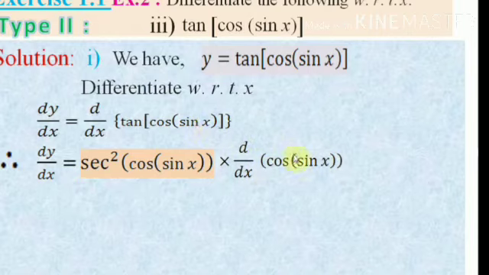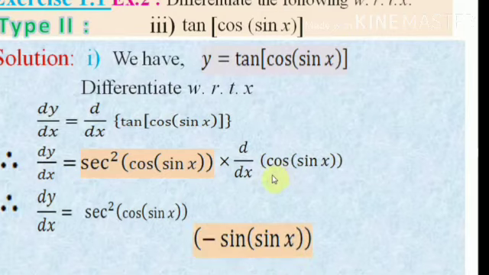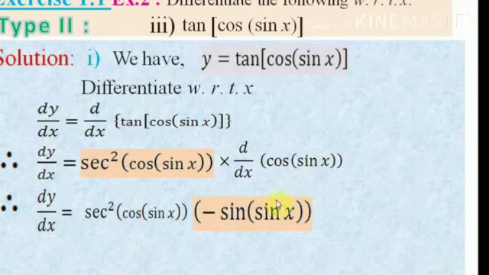Okay, therefore dy by dx equal to first term as it is, sec raised to 2 of cos of sin x, into again the derivative of cos of v. That is, cos of v has the derivative minus sine v, and therefore minus sine of v, where v is taken to be sine x. Therefore minus sine of sine x, multiplied by again the composite function.